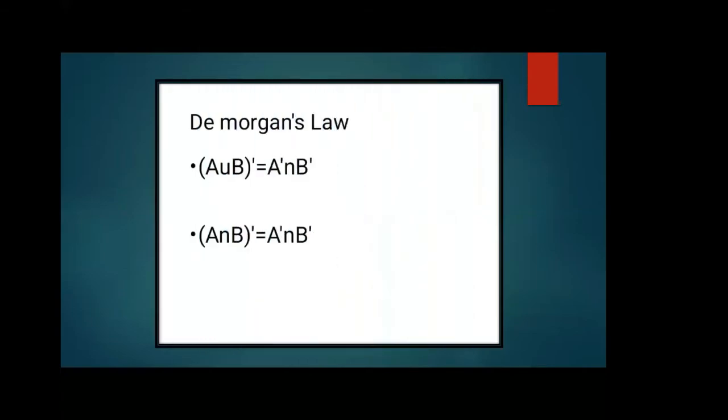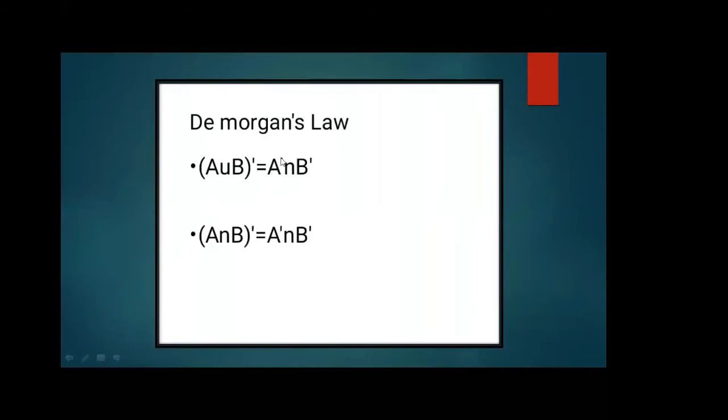De Morgan's law. There are two statements of De Morgan's law. Statement number one: (A union B) complement is equal to A complement intersection B complement. Complement means difference with the universal set.